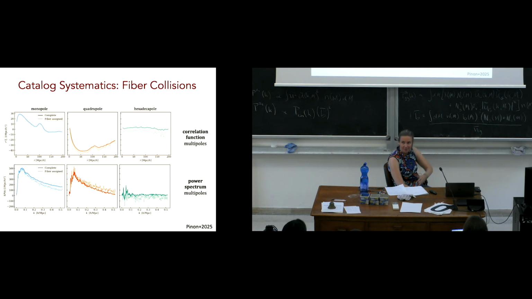That is exactly because the r perpendicular does not translate easily to the r-mu basis needed for computing multipoles. So you can see that the fiber collisions here are quite noticeable and would be a significant bias of our analysis at most scales.